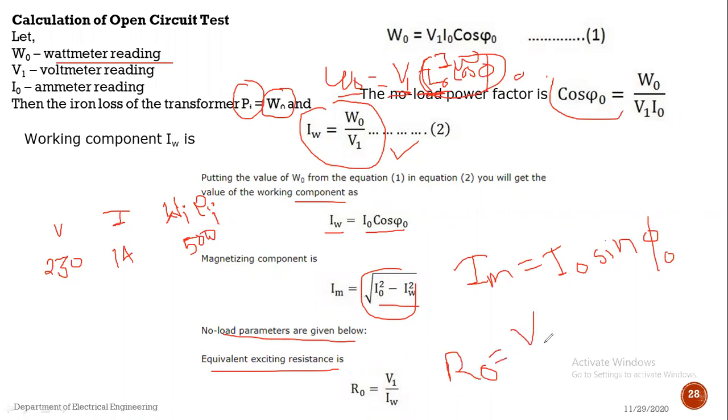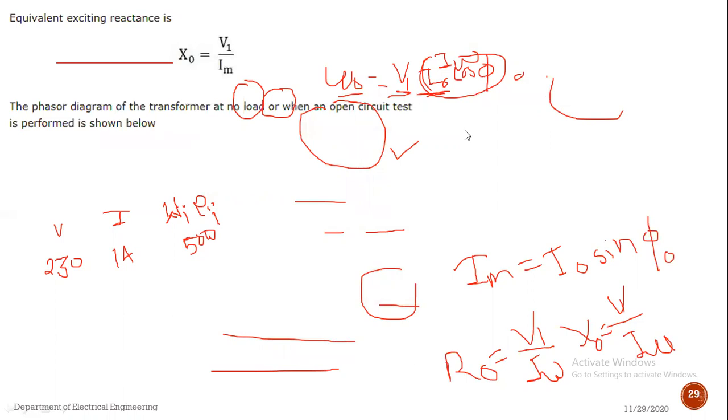V divided by I. So V1 divided by IW. And again we are able to calculate X0 is nothing but V1 divided by I mu, that is magnetizing reactance. So equivalent exciting reactance X0 is equals to V1 divided by IM.